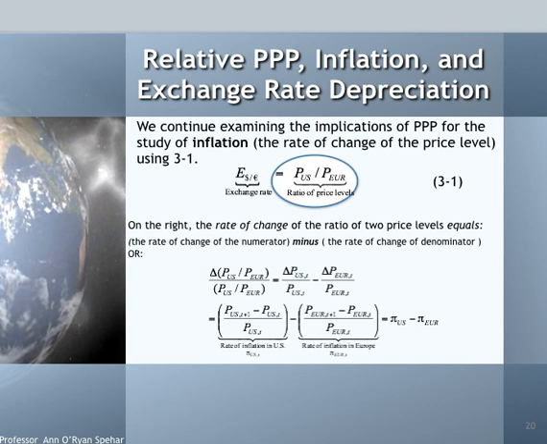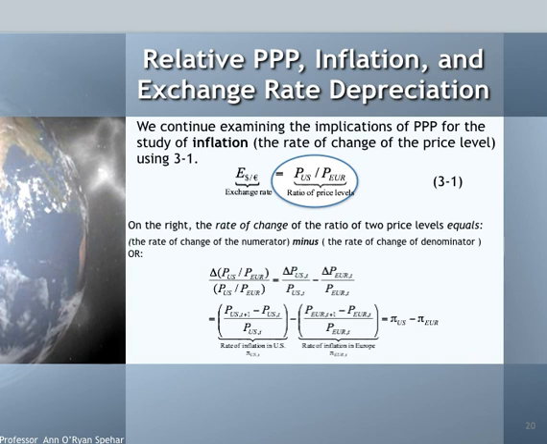Remember, this is just inflation. That's all we mean by this. The rate of change of prices is nothing more than the word we use for inflation. By definition, inflation is the rate of change of the price level. So we can just assume that the rate of change of the price level in dollars and in euros is nothing more than inflation.